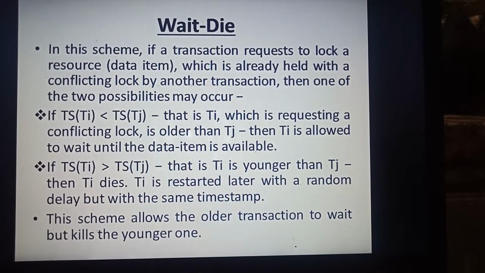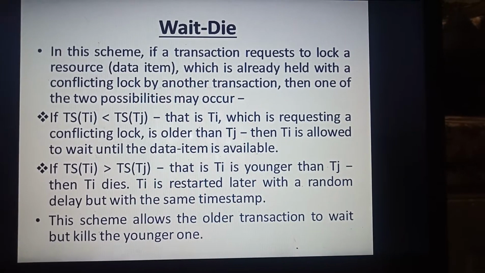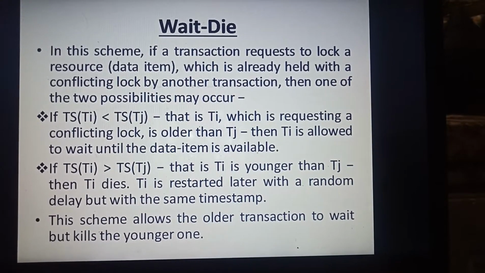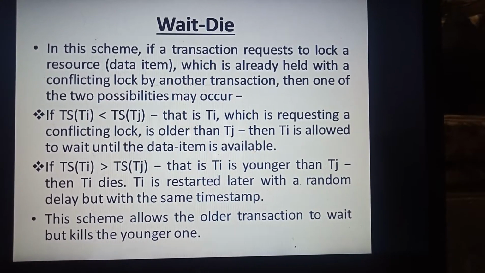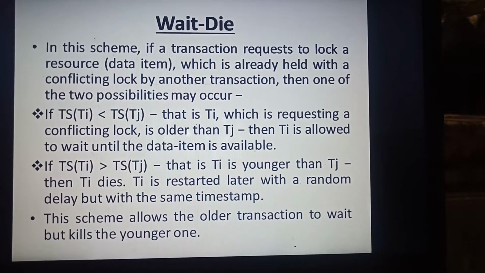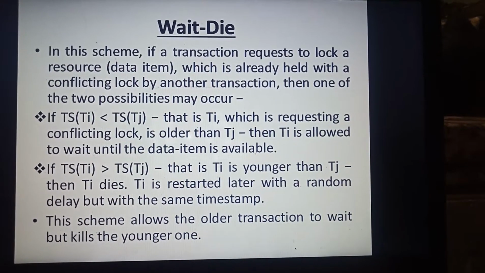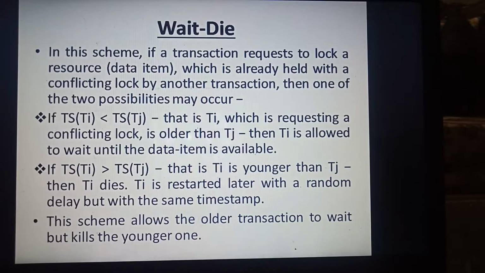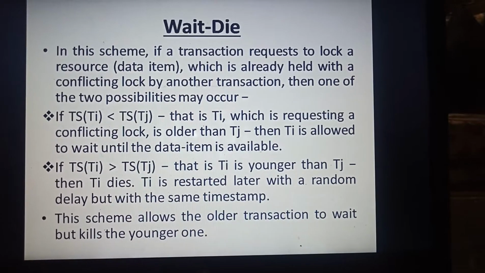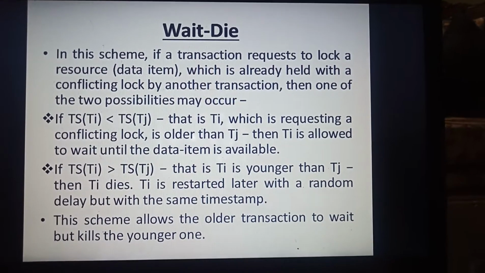So, if an older transaction is requesting a conflicting lock, then the older transaction is allowed to wait until the data item is available. Here Ti is an older transaction, and if it is requesting a conflicting lock, then Ti is allowed to wait until the data item is available. And second condition is if timestamp of Ti is greater than timestamp of Tj.